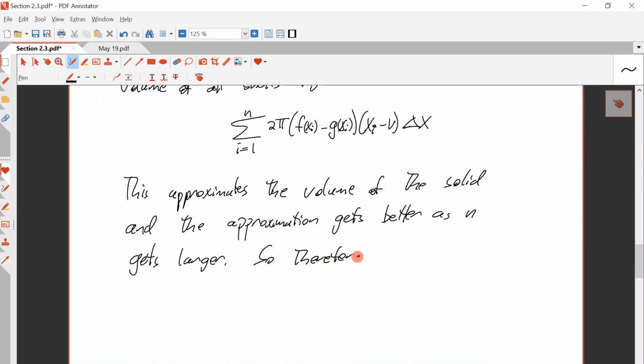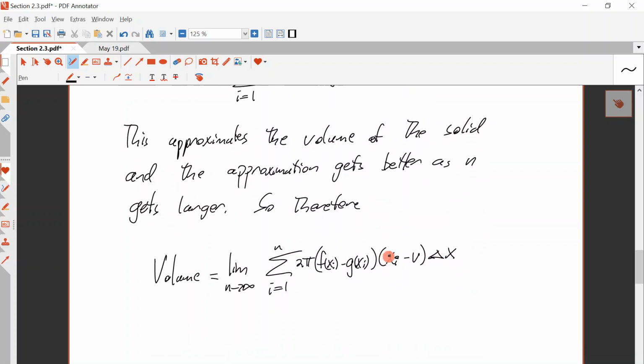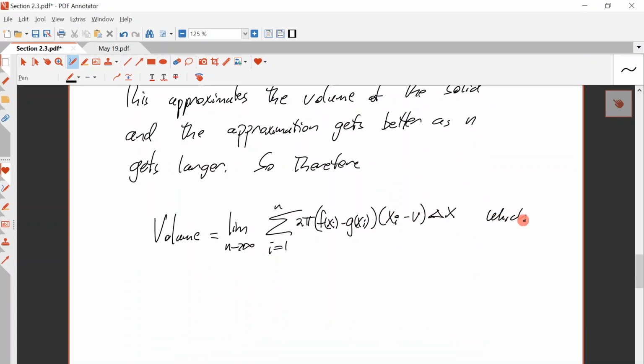So therefore, the volume of the solid obtained by revolving that region around the vertical axis is the limit as n goes to infinity of the sum i equals 1 to n of 2 pi f(xi) minus g(xi) times (xi minus v) delta x, which by definition is what?